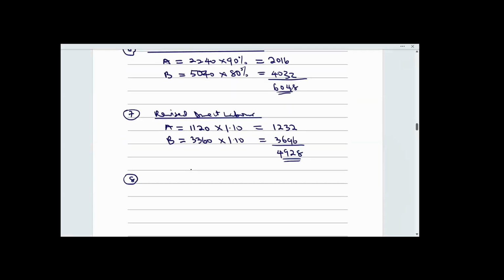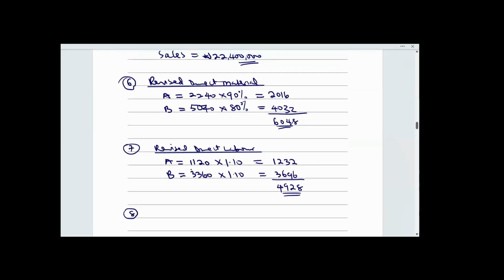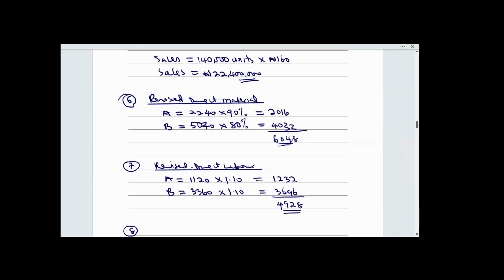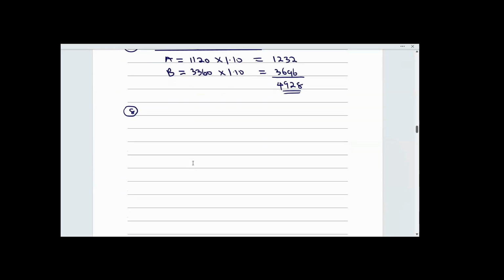Since our direct material and direct labor have changed, and not only that, the sales of product B also changed, that means we need to calculate a revised contribution margin. To make life easy, so that we are not doing different step-by-step working, let's just do the final one, which is contribution margin ratio.